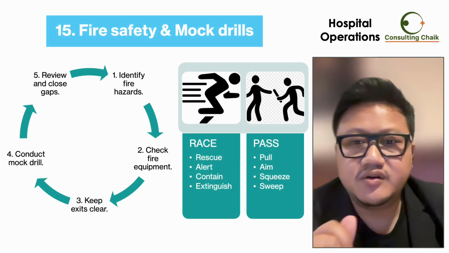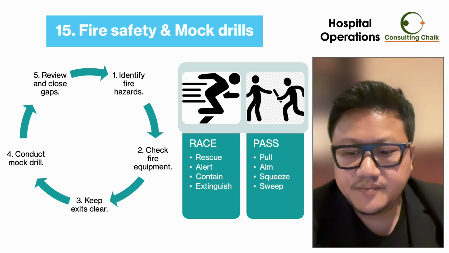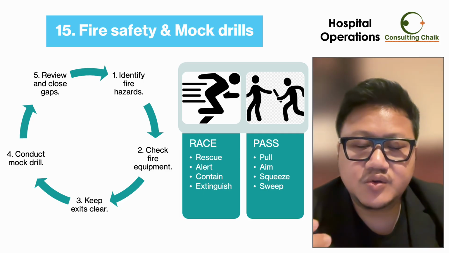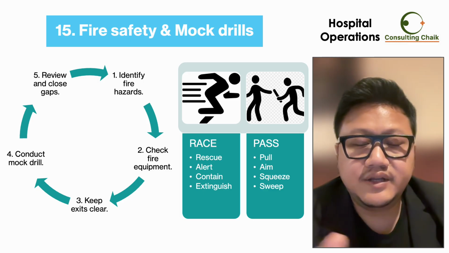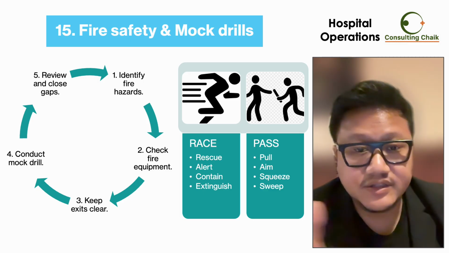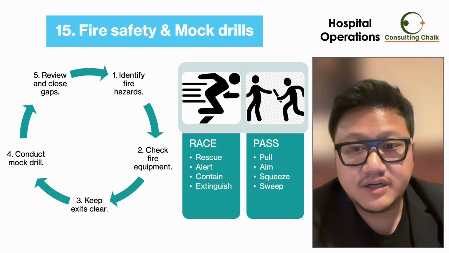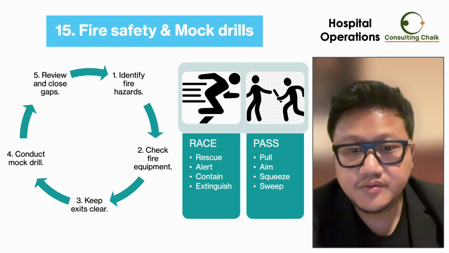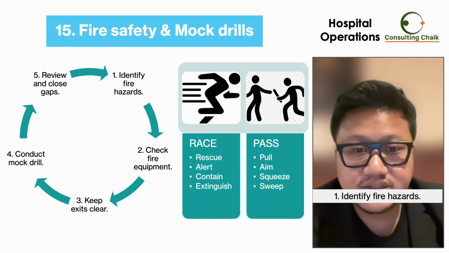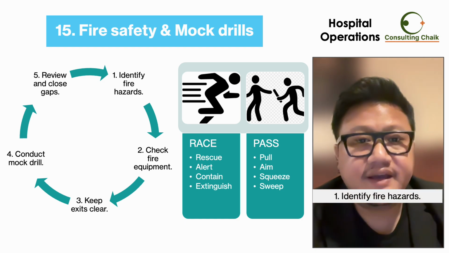About fire safety and mock drills. So about the fire, we have code red. There is a detailed video about the various codes, so you can go and refer to that. But here, operationally, this is what you need to do. First, you have to keep on identifying fire hazards.